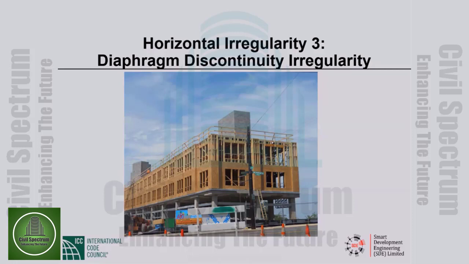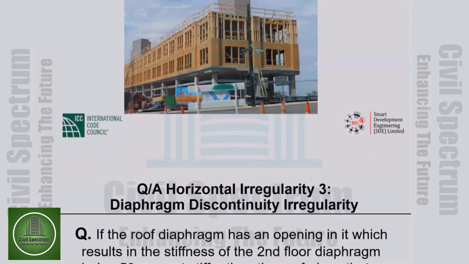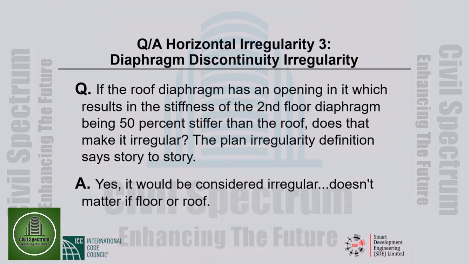Residential buildings are now up to 5 stories tall, made of wood, supported on a concrete podium, although the podium could be concrete block masonry also. So this diaphragm is made of concrete, the first suspended floor. After that, those are wood diaphragms. And a 50% differential is almost guaranteed.